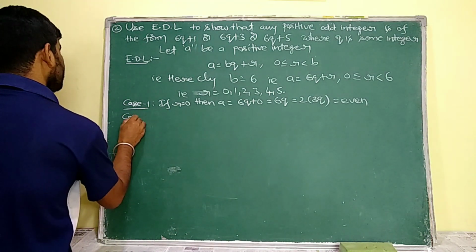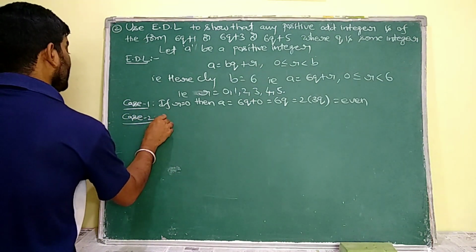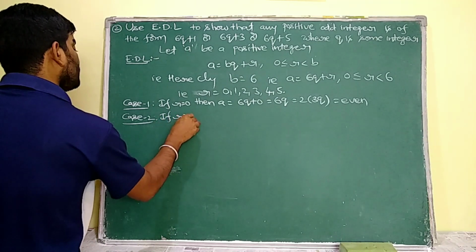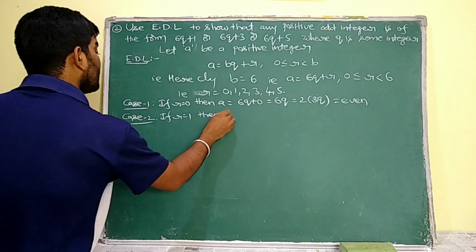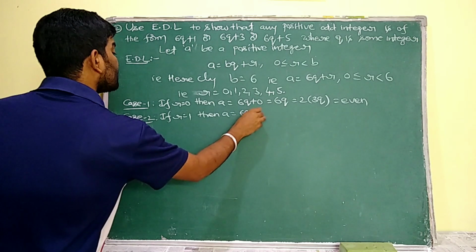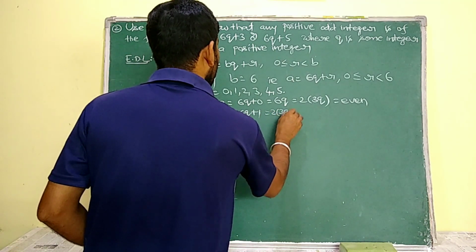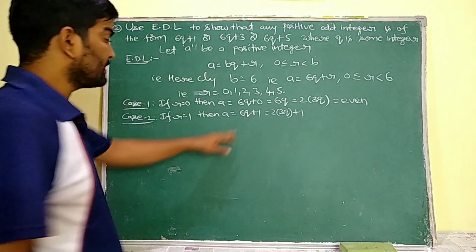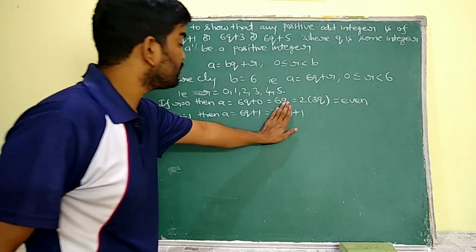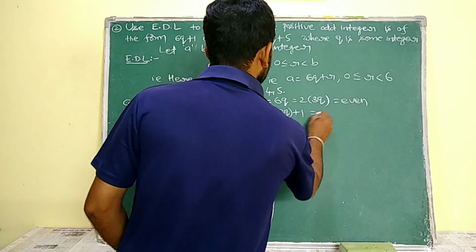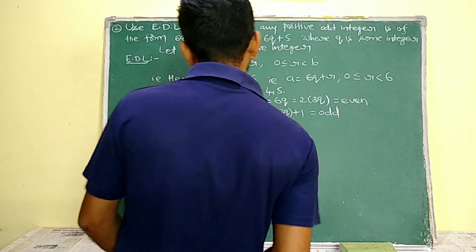Case 2: if R is equal to 1, then A is equal to 6q plus 1, that is equal to 2 into 3q plus 1. This 6q plus 1 is expressed as 2 into something plus 1, that is odd.